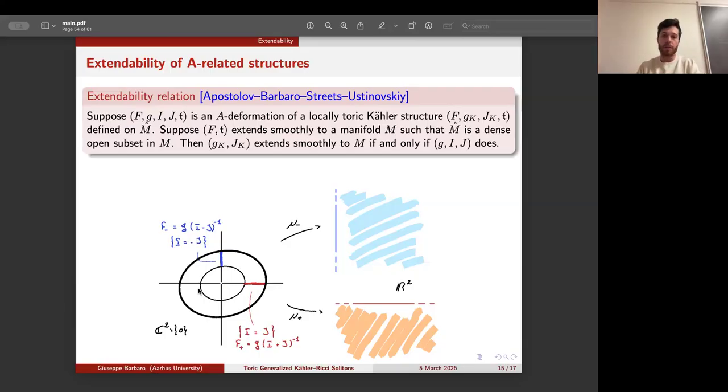On the Hopf surface, we have a generalized Kähler structure. The way it is defined, we have I and J, and the point is that we have one elliptic curve, let's say the blue one, where I is equal to minus J, and we have another elliptic curve where I is equal to J, the red one.